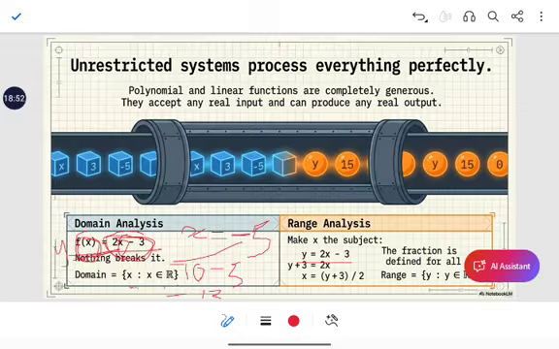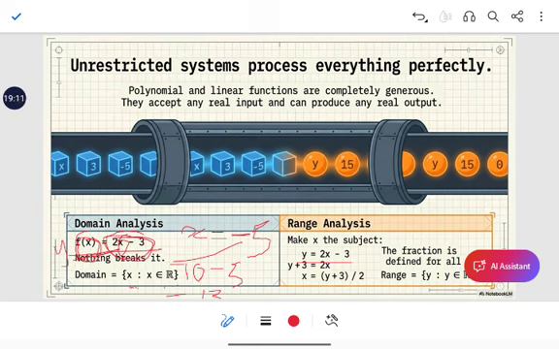Okay, so we move the 3 to make x the subject, and we get x is equal to y plus 3, in brackets, all divided by 2.